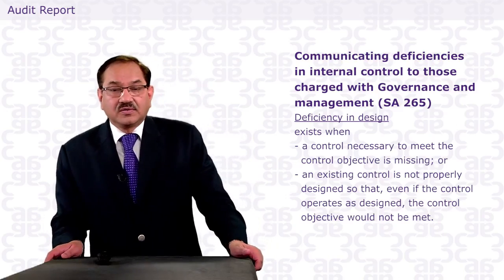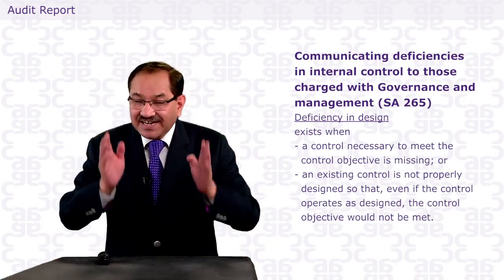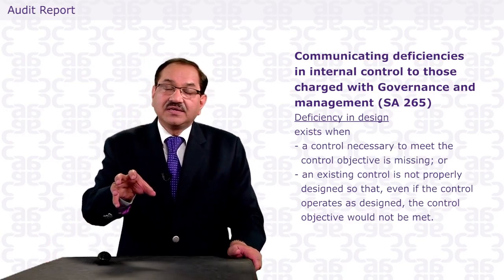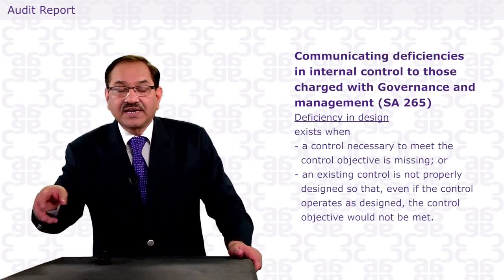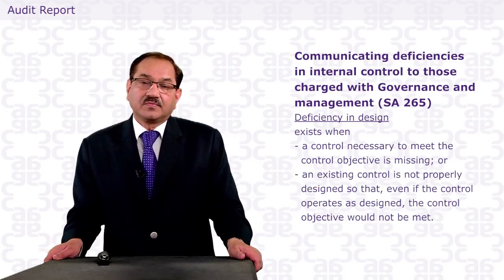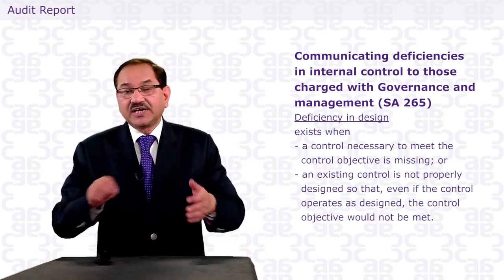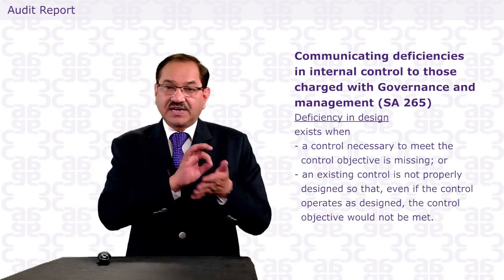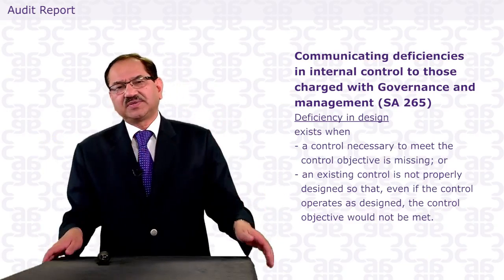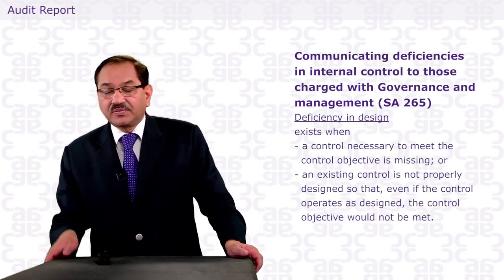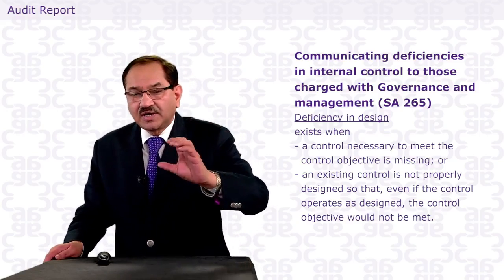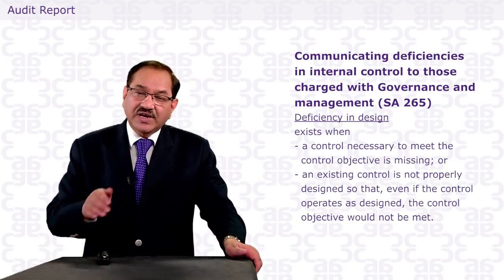Now, you should have designed the system while recording the transaction in such a way that you can identify the traveling expenses incurred by the directors of the company. Your system has only one head, traveling expenses, whether they are director, non-director, or anybody, you are putting them in one head. At the end of the year, there is a requirement to write the amount of directors' traveling expenditures separately.